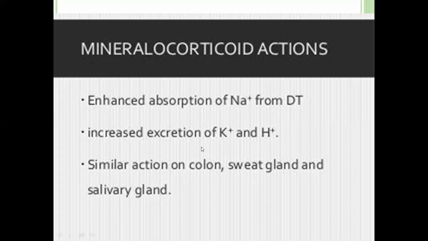So in this slide we completed the pharmacological action and pharmacokinetics. Pharmacological action is on this point: it also increases sodium reabsorption in sweat glands, salivary glands and GIT mucosa. About pharmacokinetics, it increases the excretion of which ions, which minerals?